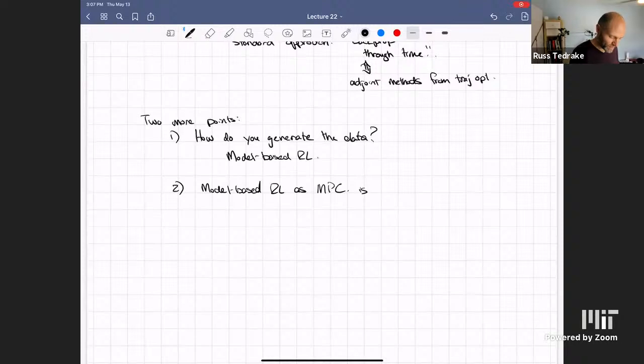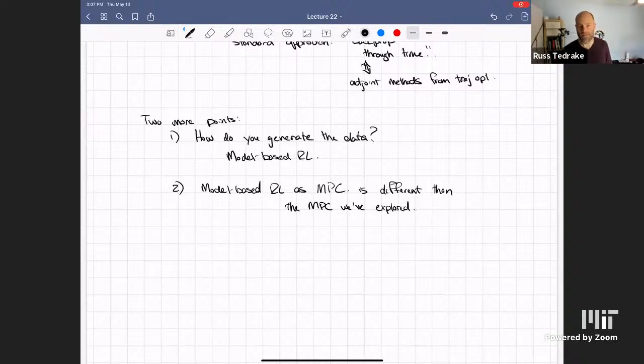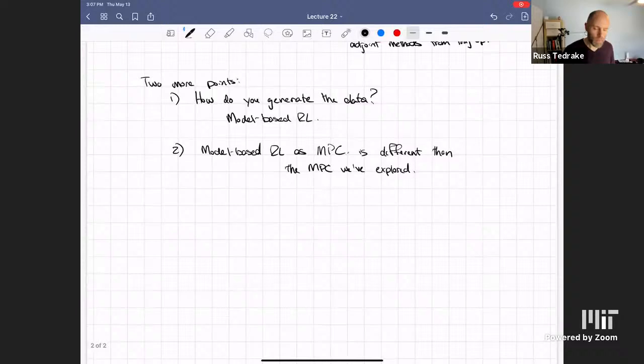It's just different from how we've done it. I don't know whether this is a long-term thing or a short-term thing where the field hasn't quite figured out the right way to do it. But you will not see SNOPT, for instance.